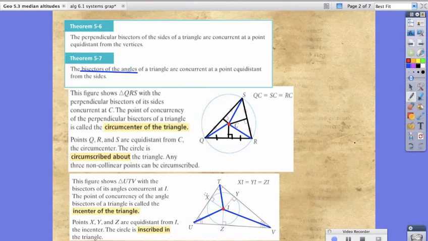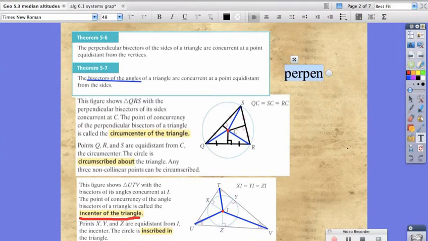Now what happens is, this point in the middle creates what's called the incenter of a triangle. And with the incenter of a triangle, from there we can create an inscribed circle within the triangle. So let's see if we can simplify that a little bit more.